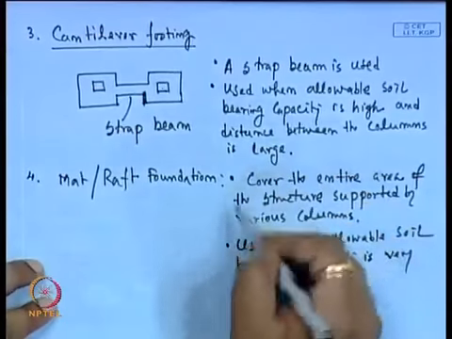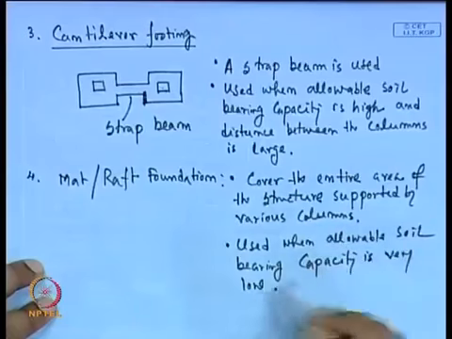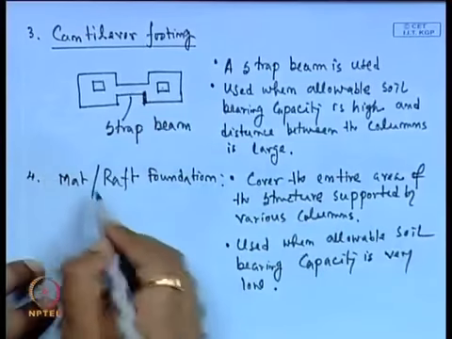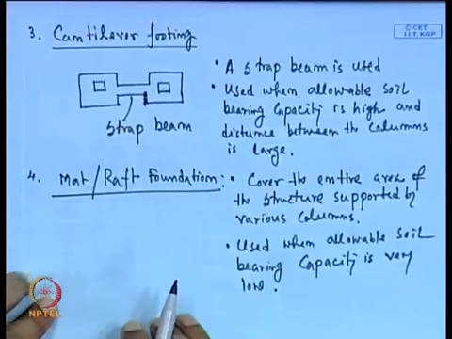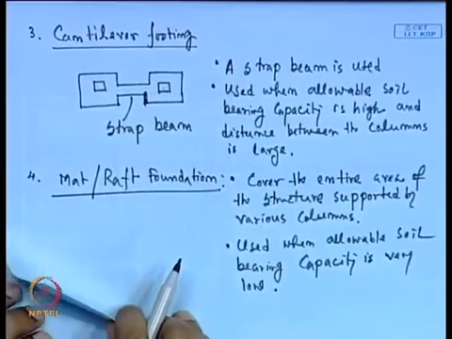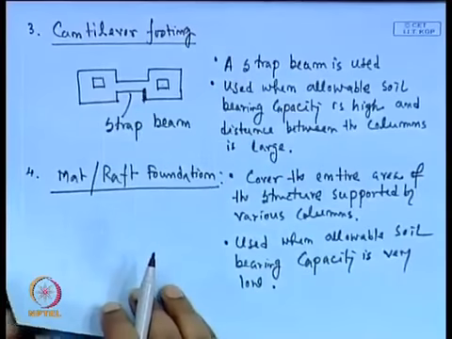So, this covers the entire area of the structure and it is used when the allowable soil bearing capacity is very low. So, these are the different types of combined footings. First is rectangular combined footing, then trapezoidal combined footing, then cantilever footing, then the raft and mat foundation.